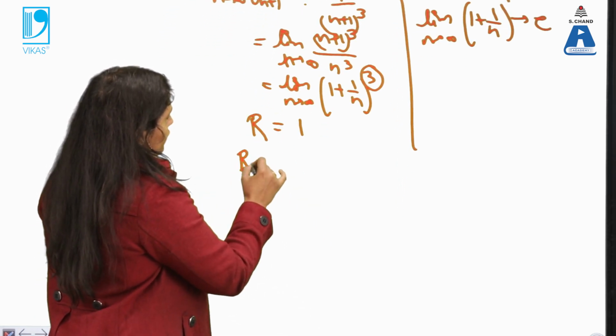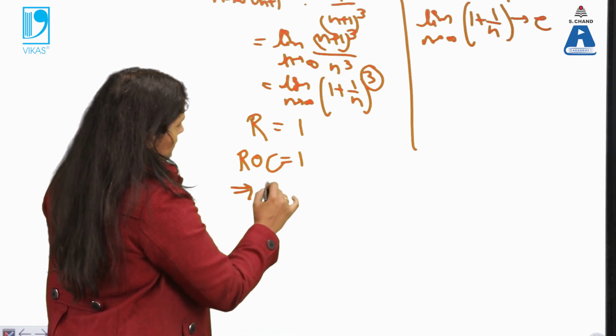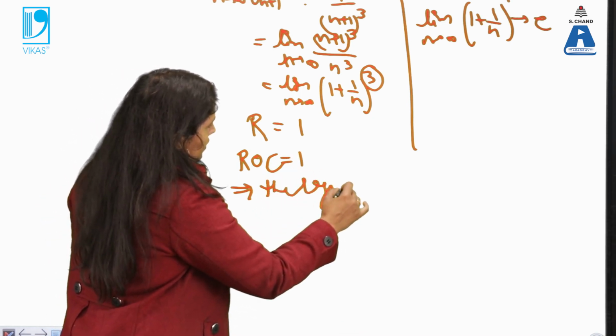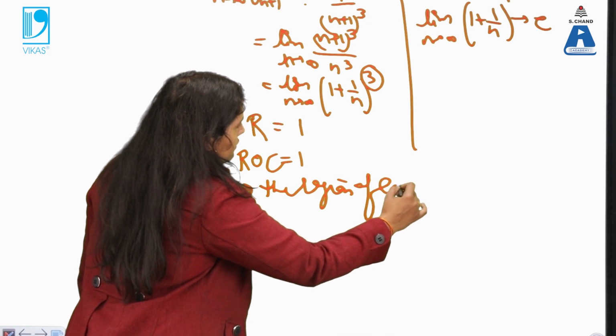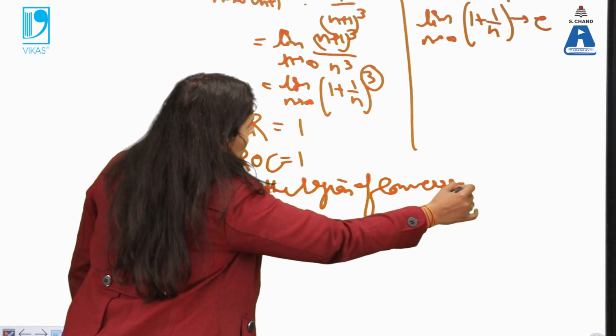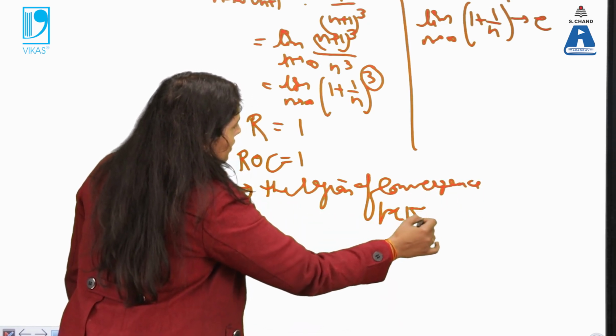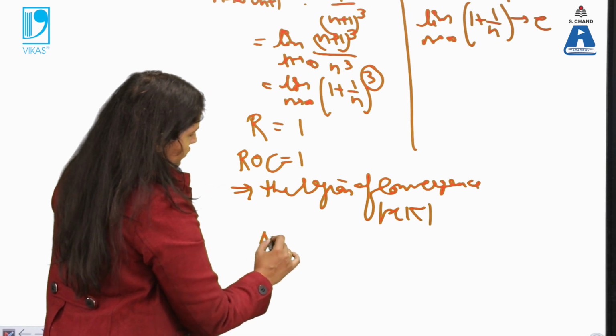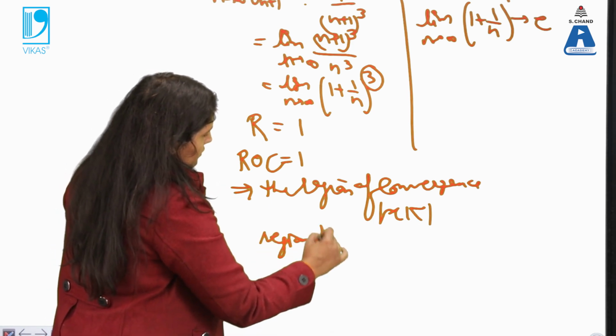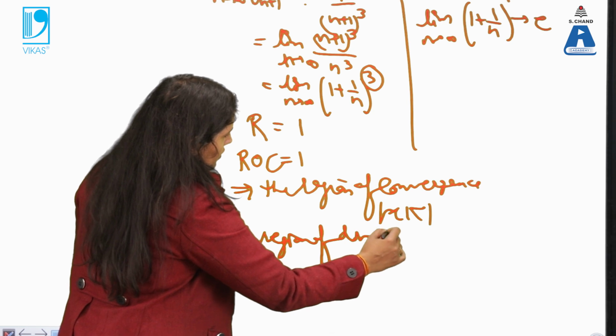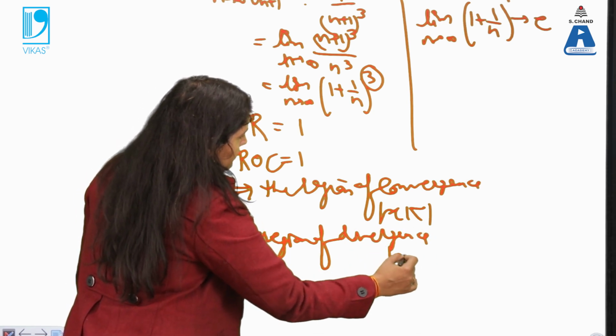So radius of convergence 1 implies the region of convergence is mod x less than 1, and the region of divergence is mod x greater than 1.